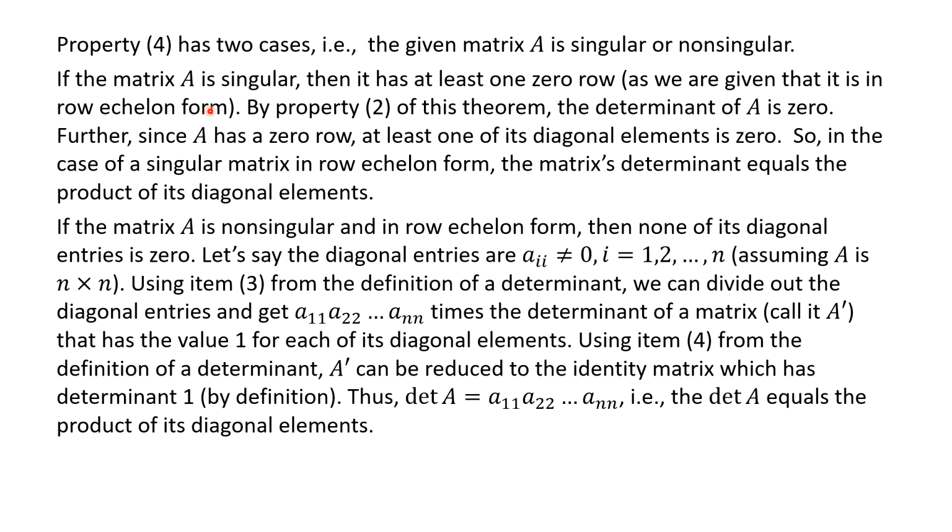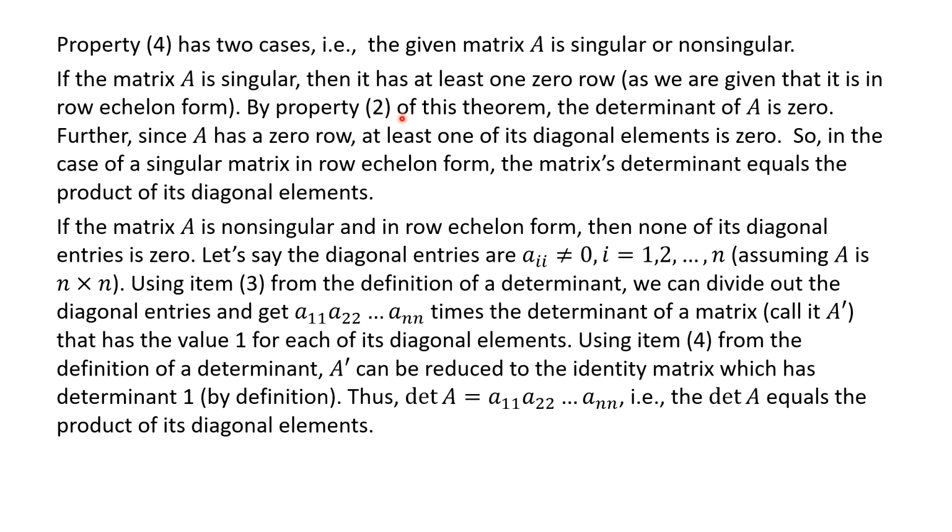So that follows from theorem 25. If A is singular, in other words, it doesn't have an inverse, then there's a dependency between the rows, and when you get the matrix in row echelon form, you're going to eliminate at least one of the rows because of the dependency and get a 0 row.